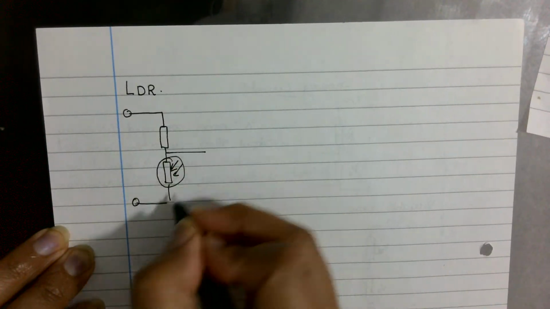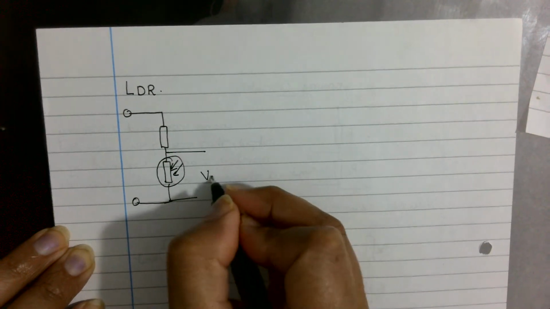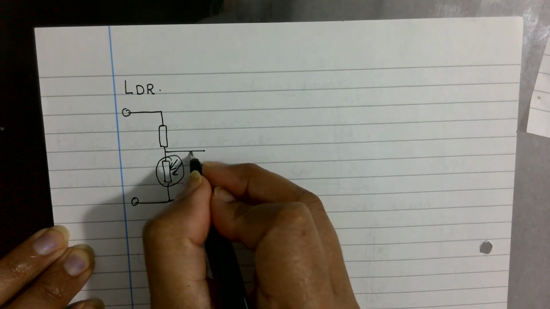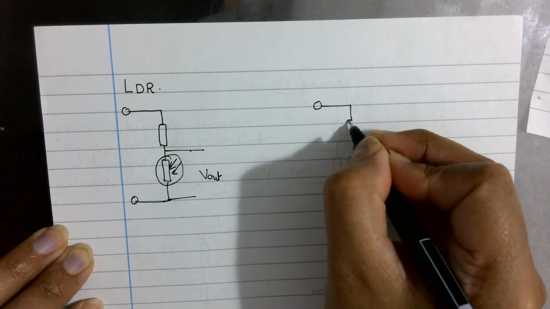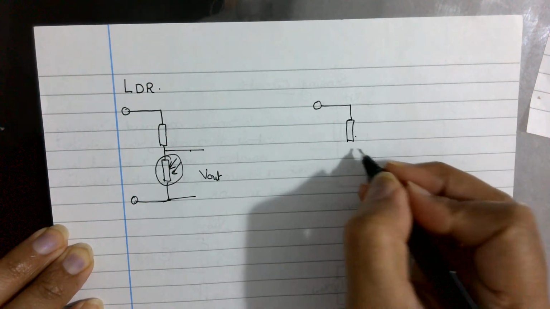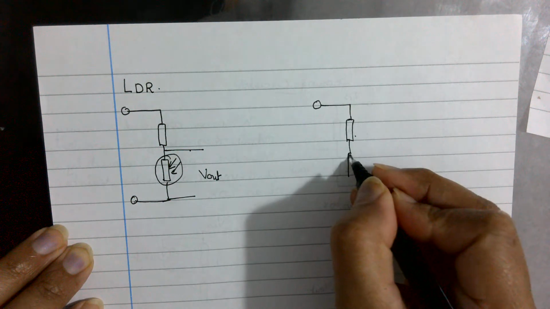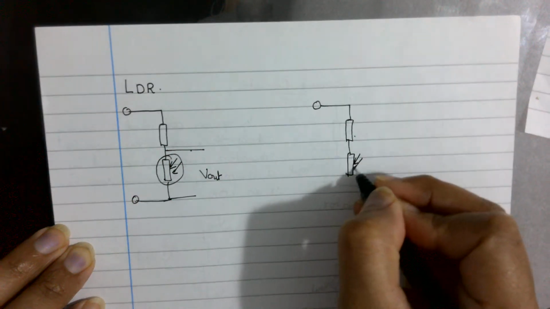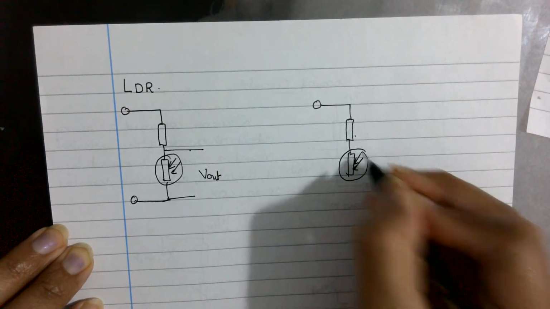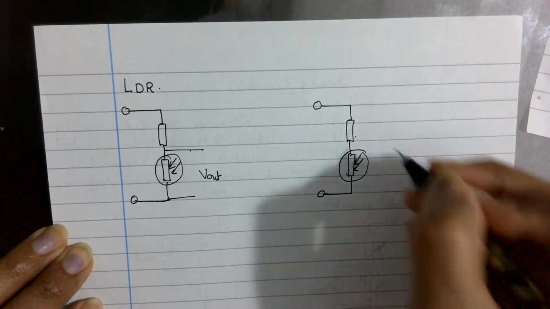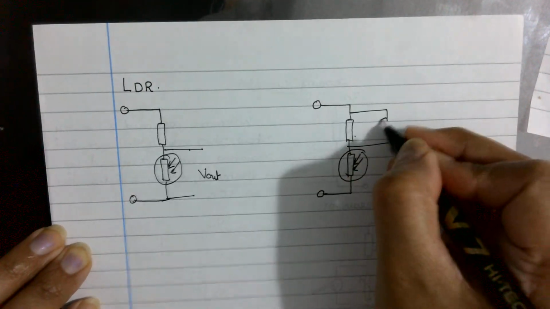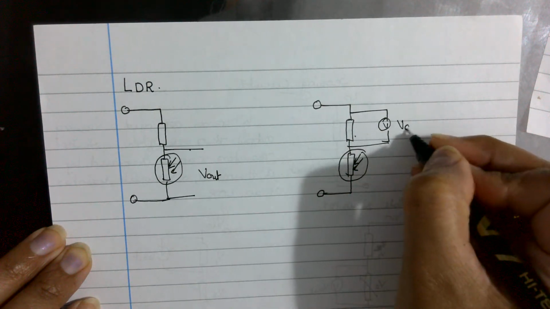In the first one we are taking output here itself, and in the second one again we have a fixed resistor, we have an LDR, and this time this is our V out.